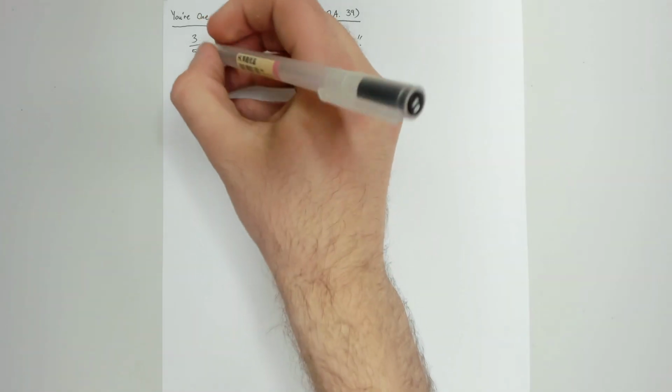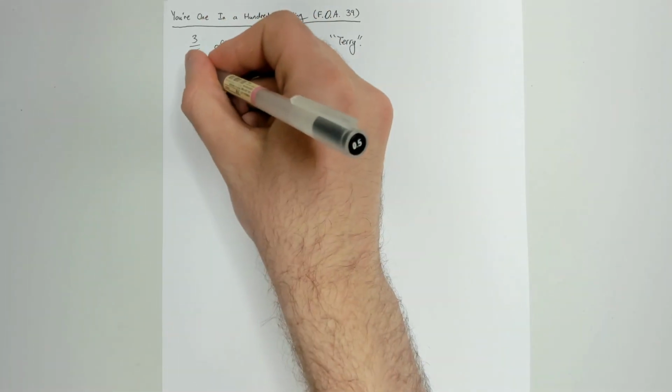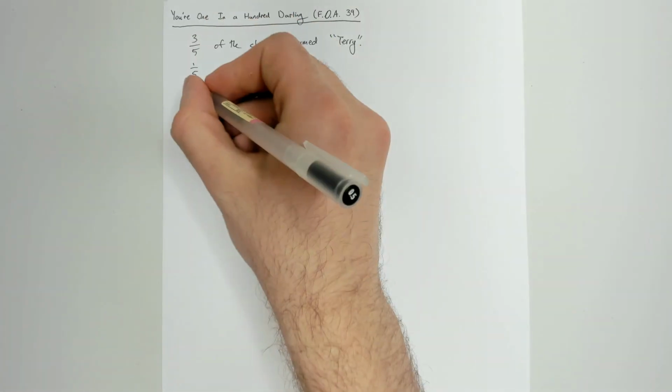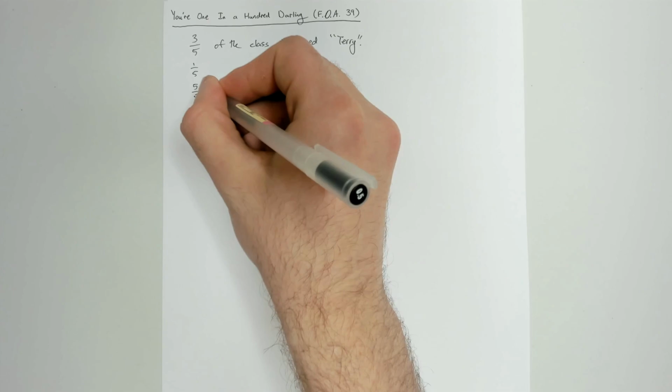And so if it was a fifth of the class instead, that's a lower proportion than if it was 3/5 of the class. Or if we had 5/5 of the class, which is the same as one, that means the entire class is named Terry, right? So by using fractions, we're able to gauge what piece of a given group has a certain property.